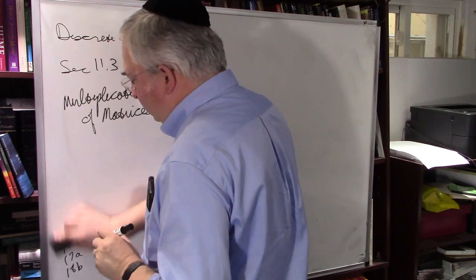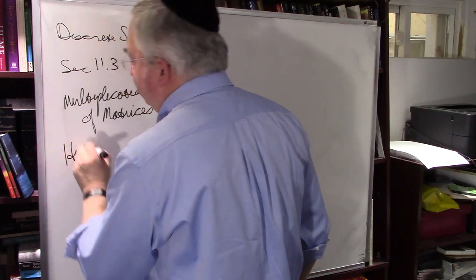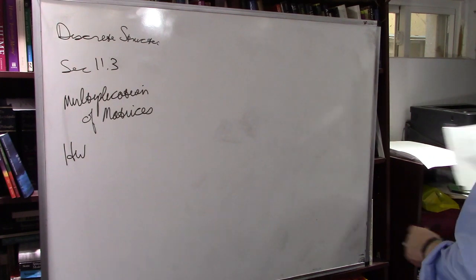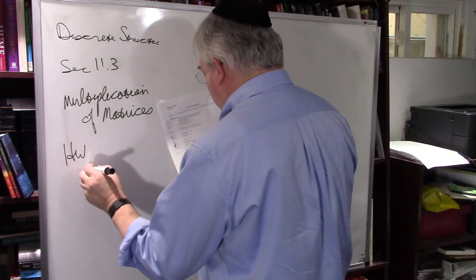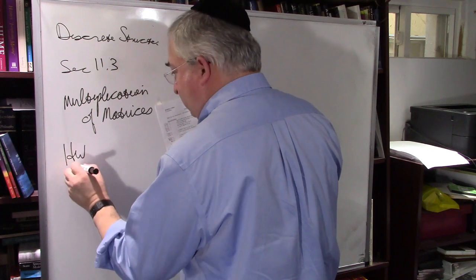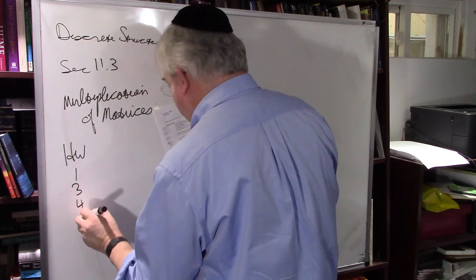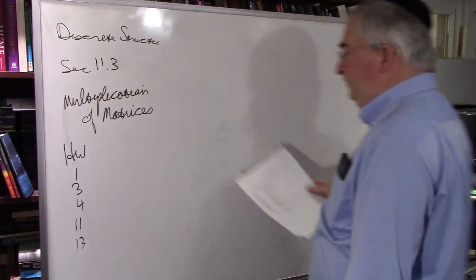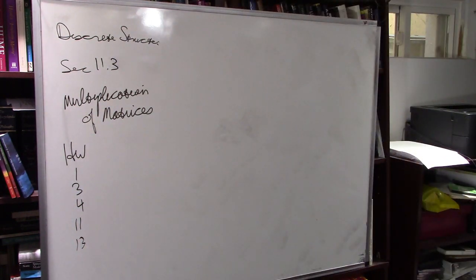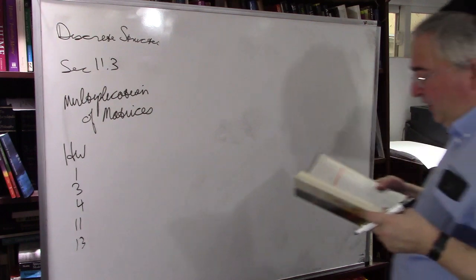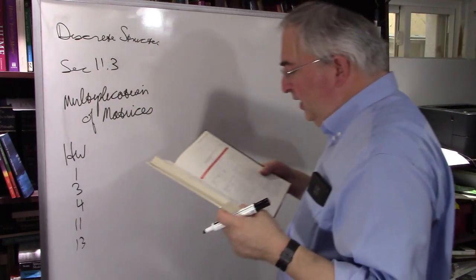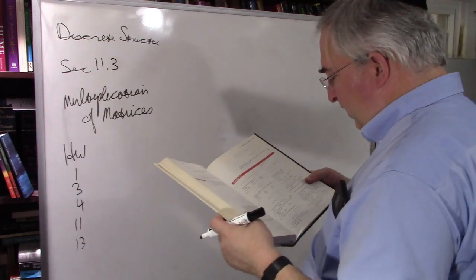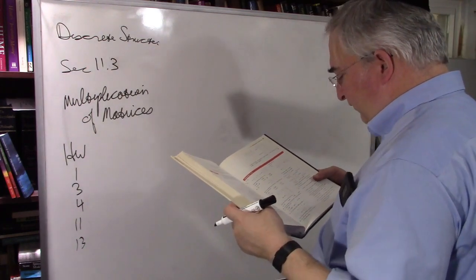Okay, and we're doing the homework of that, and of course you do the homework first, and then you check the answers. And the homework problems are 1, 3, 4, 11, and 13. Okay, so it's a lot of matrix multiplication, nothing hard, but I could have made mistakes. So that is life.